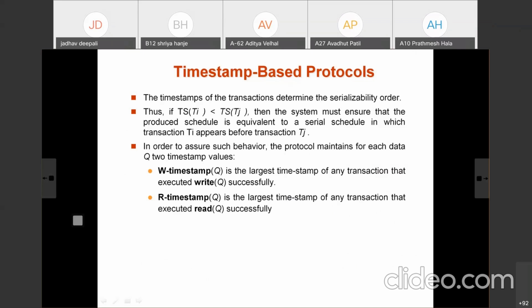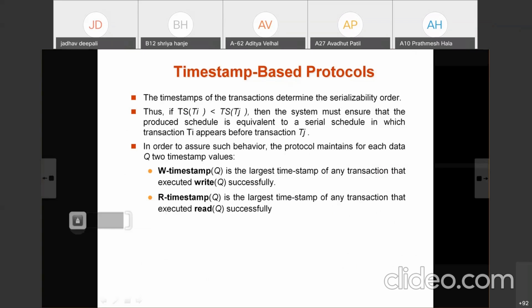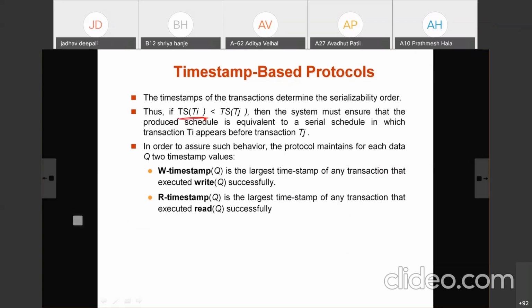Now, another thing with the timestamp ordering protocol: the timestamp of the transaction determines the serializability order. If TS(TI) is less than TS(TJ), then we ensure that TI comes before TJ. If we execute serially, TI is executed first and then TJ.